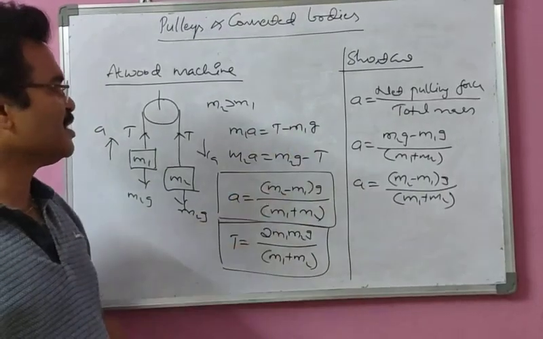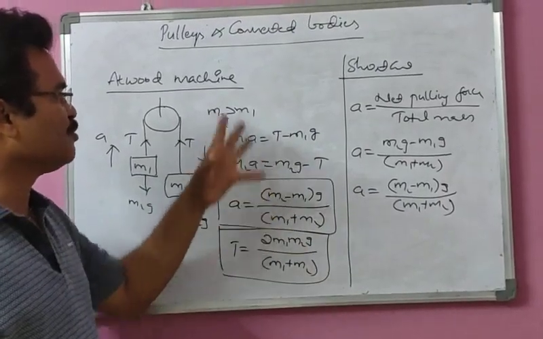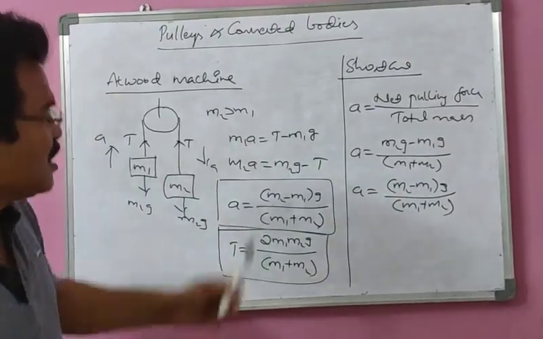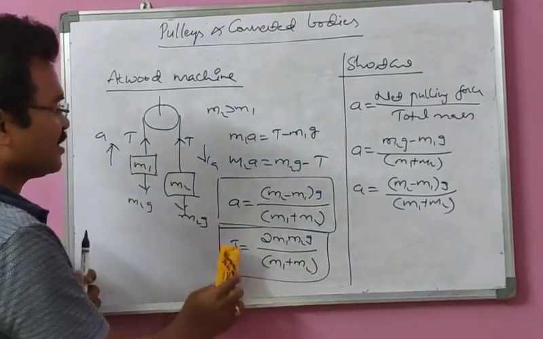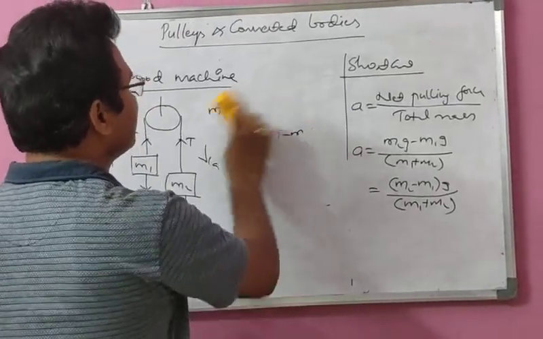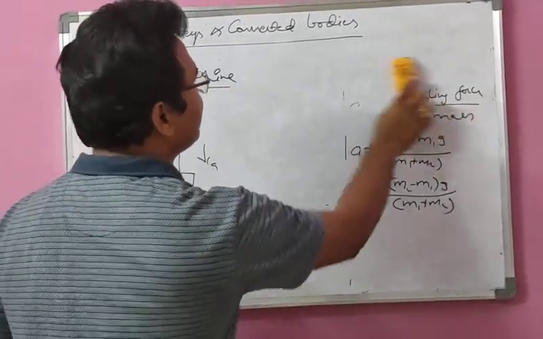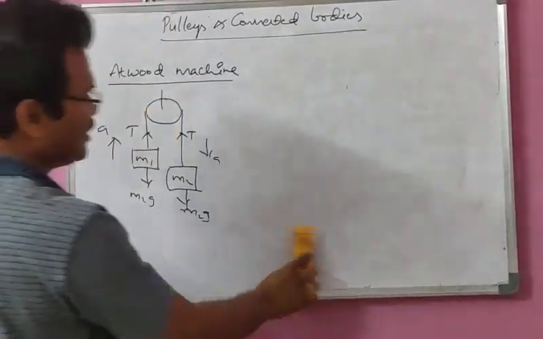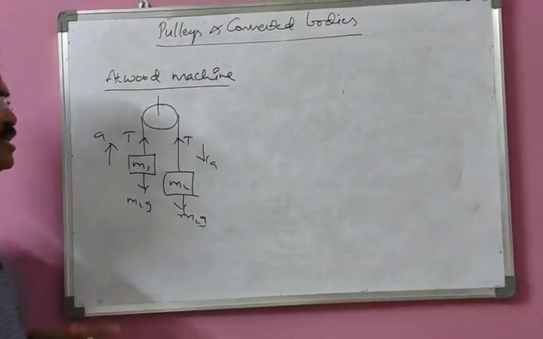No need to go for these expressions, no need to go for FBDs etc. Directly we get it like this. Similarly, how to get the tension directly? For tension, there is one formula that I am going to tell you, and observe carefully here. This shortcut formula helps you a lot in finding the tensions in multiple pulleys also.